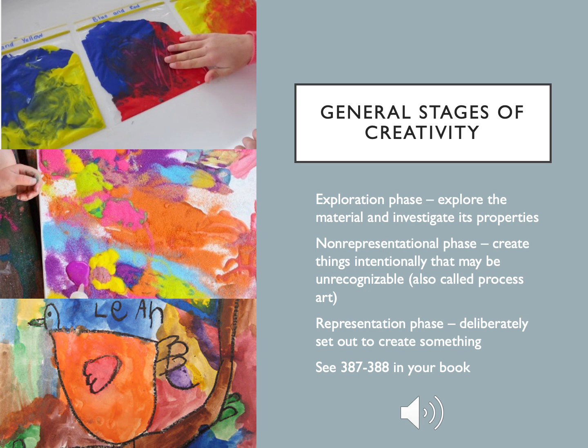And even in the representational phase, even though children are deliberately setting out to create something, there's still no right or wrong answer. As you can see here, the child has created a bird, but if they wanted to say it's a chicken or a duck, that's their own representation of it. There are so many different ways that we can represent art and come up with creative pieces in general.